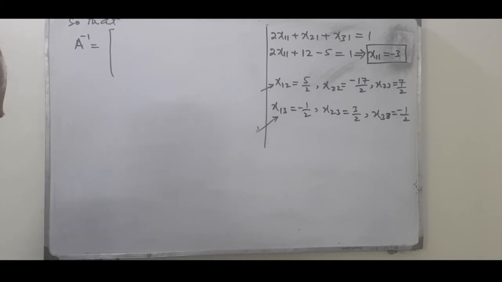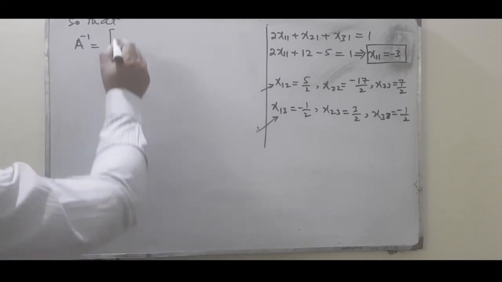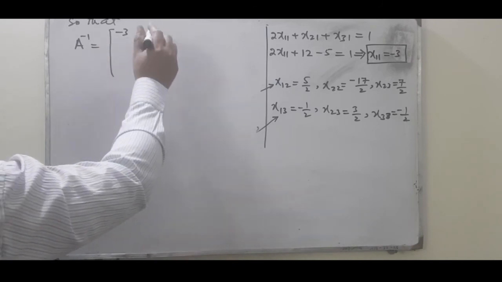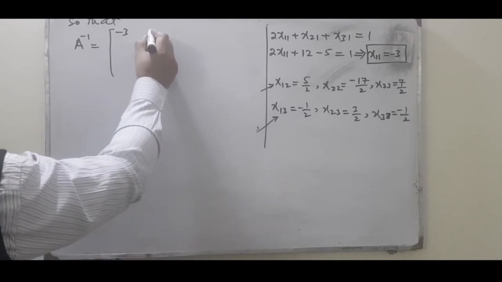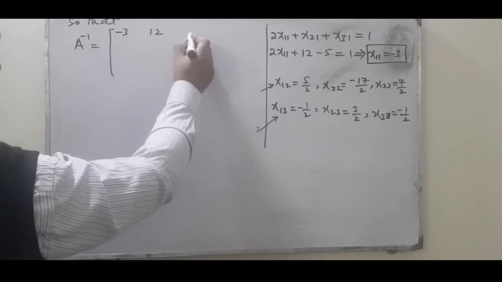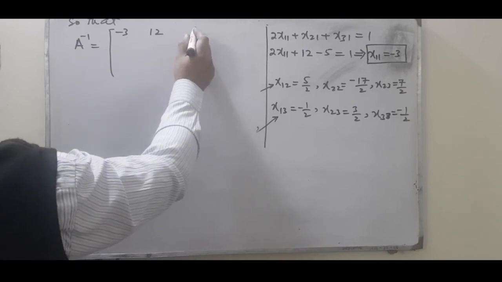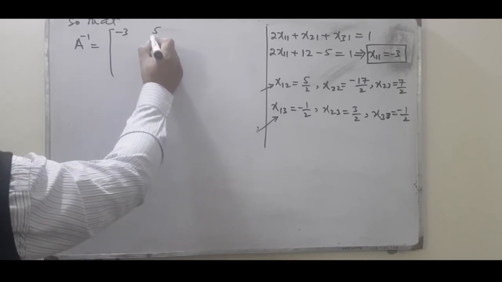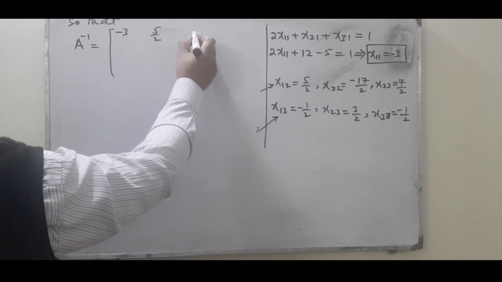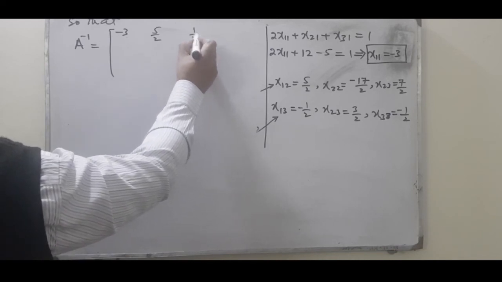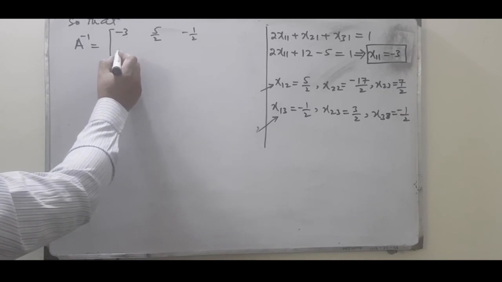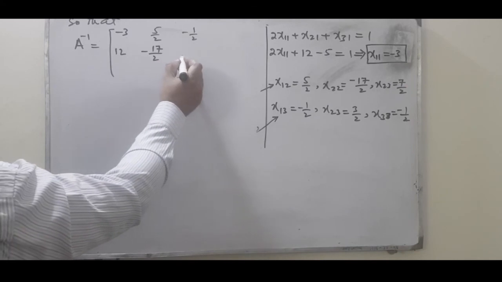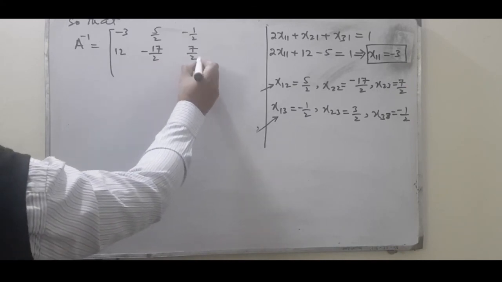We have x11, x11 is minus 3, x21 is 12, x31 is minus 5, x12 is 5 by 2, x22 is minus 17 by 2, x32 is 7 by 2.